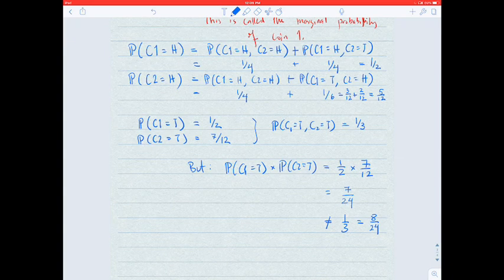Okay? So you see that this shows that these coins are not independent.